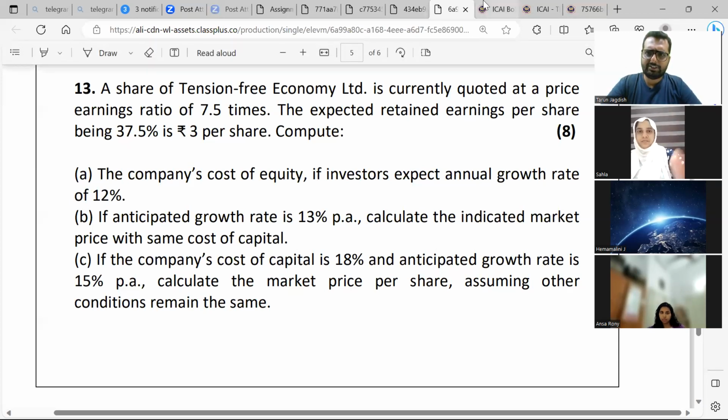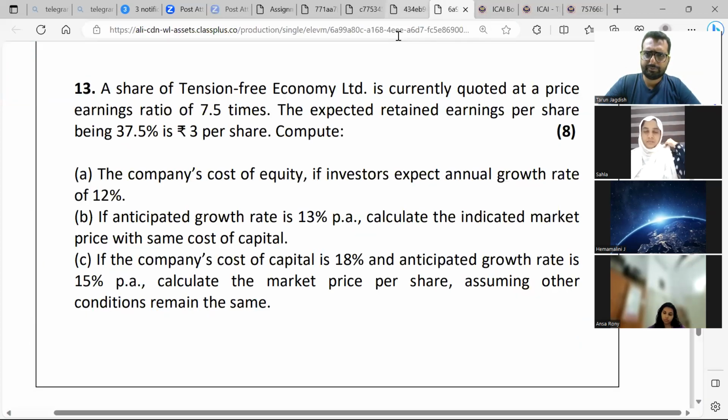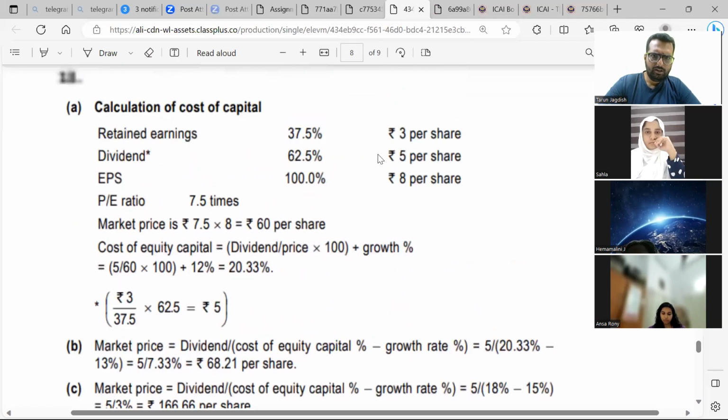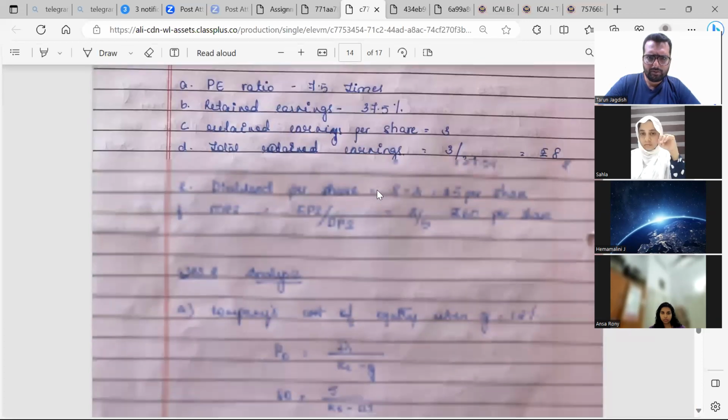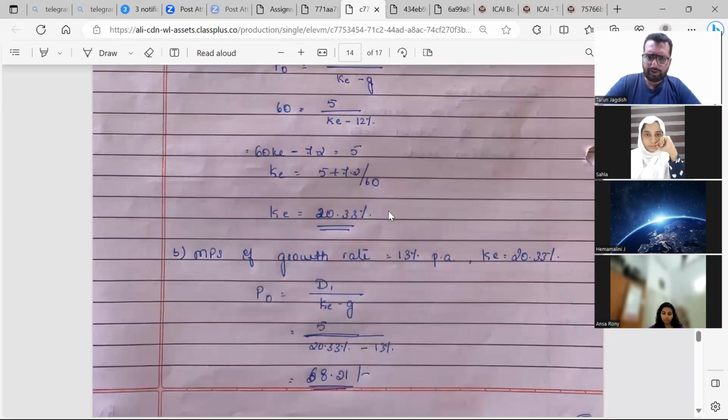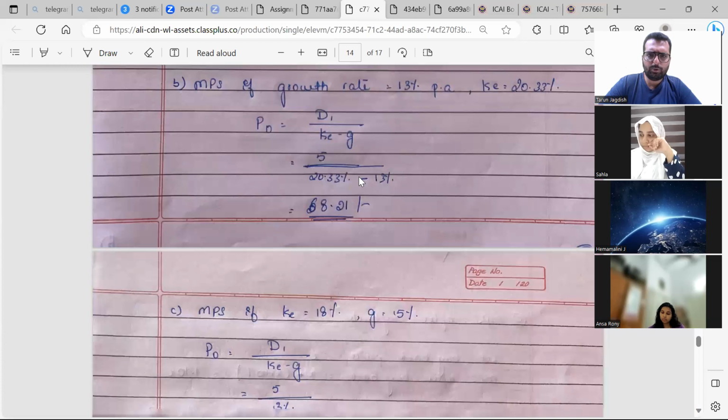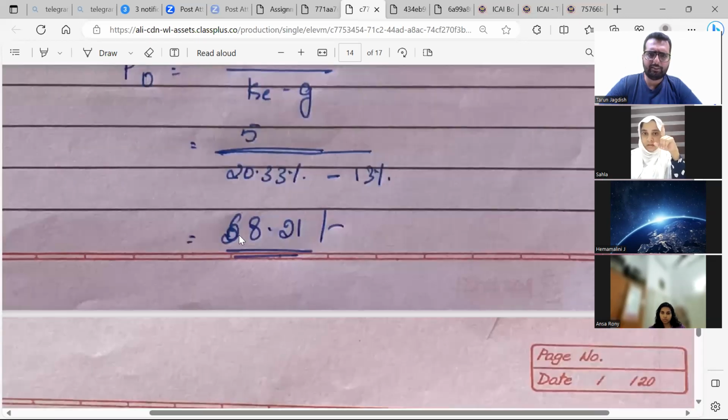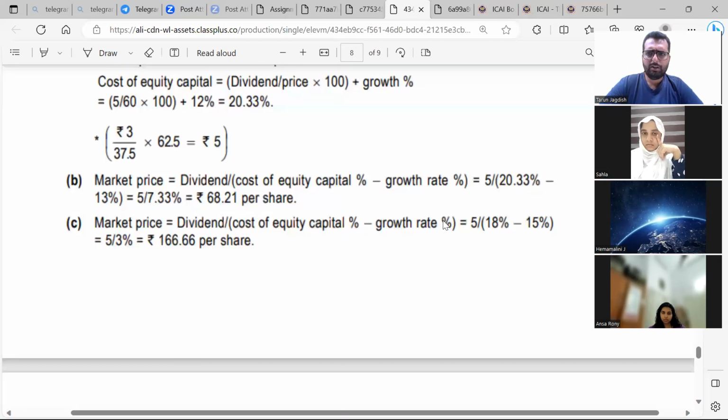So here the answer I'll just share with you right away now. First one, the answer is 20.33. Second one is 68.21. Bhavya, this writing is dangerous. You will not get marks. You should not write like this, okay? So Bhavya, cut your marks for that one.